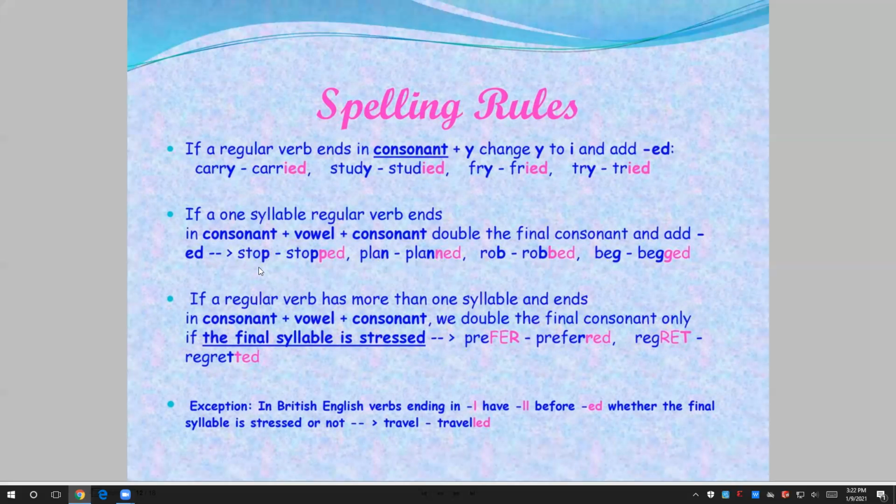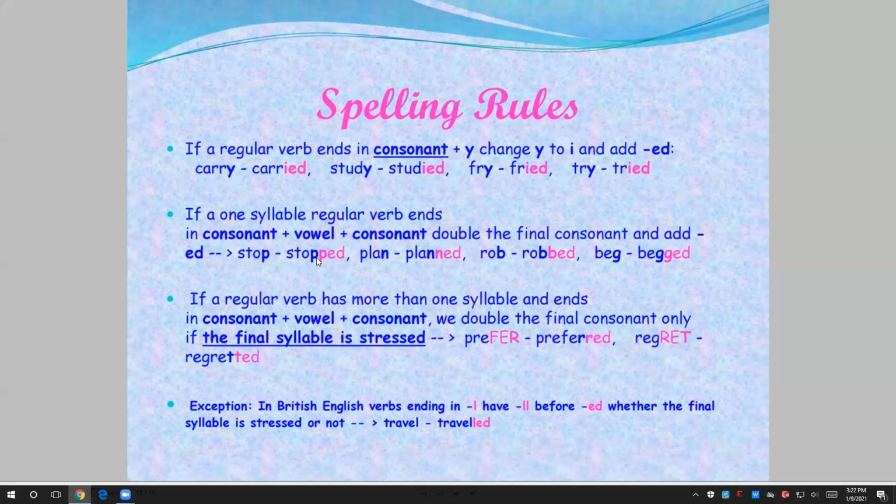So the rule is, if you have a one-syllable regular verb and it ends in consonant plus vowel plus consonant, you double the final consonant. So if you want to make stop past, before adding ed you double the last consonant sound.